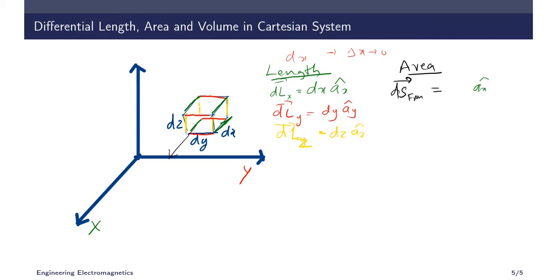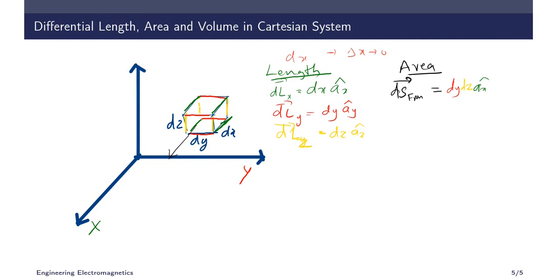But what is the magnitude of that surface? If you see that surface, this is the area, and it has length dy and breadth dz. So the area will be dy into dz, that will be the magnitude. So I can write it as dy along the y-axis and dz in the z-axis. So dy dz ax cap.